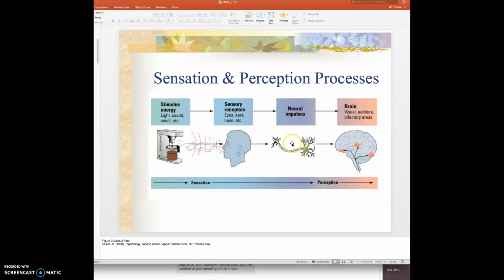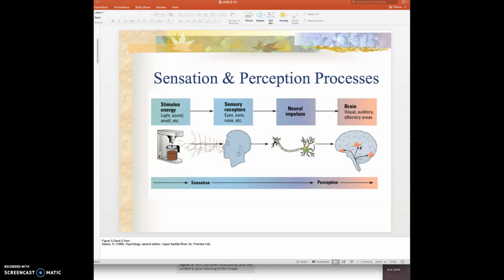And now it sends it through neural impulses, through those nerves. This is not a biology class, but it's good to see how it all works. It goes through the nerves as neural impulses, and of course then it lands in the brain. Now the brain is where all the magic works. That's where perception starts.